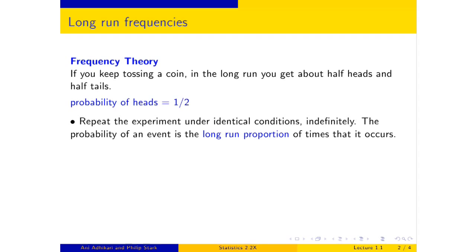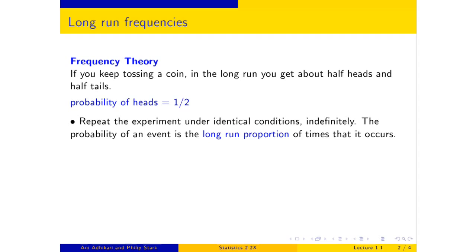Which means this: you keep track of how often it's happening and you calculate the proportion. And if the proportion settles down in the long run, then that's what you define as the probability. Now, there's a lot hidden in that statement. Why should the proportion settle down?